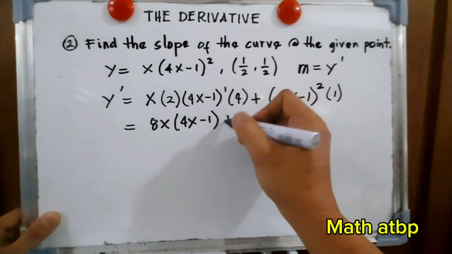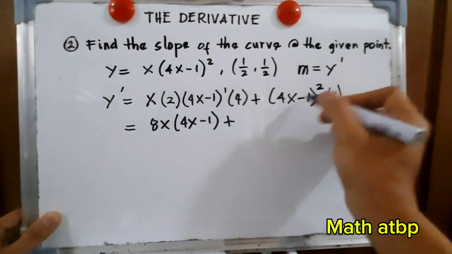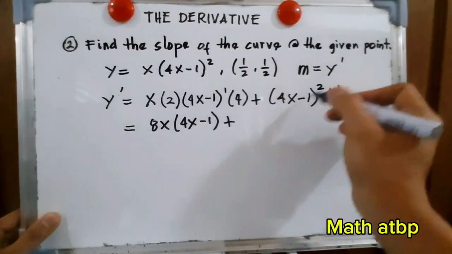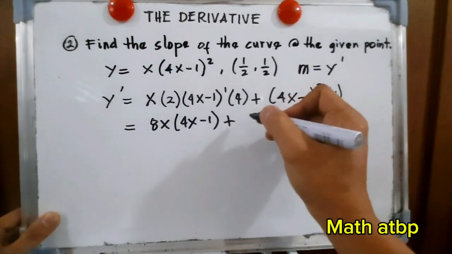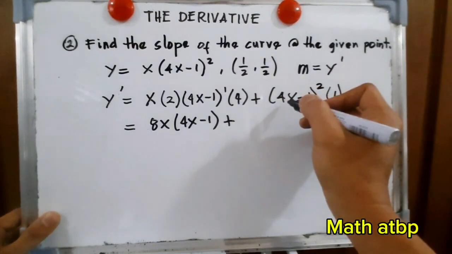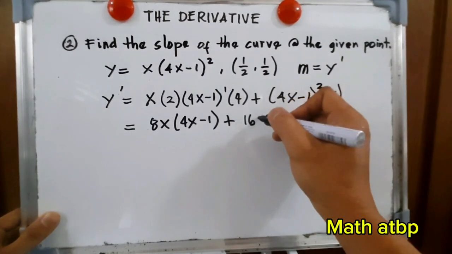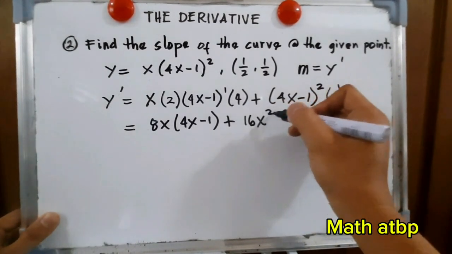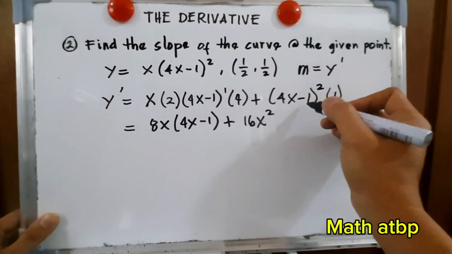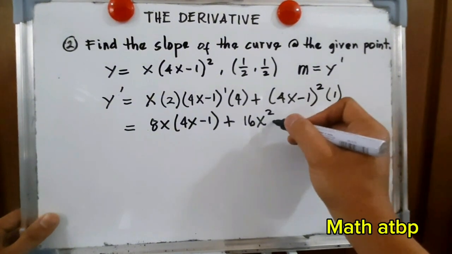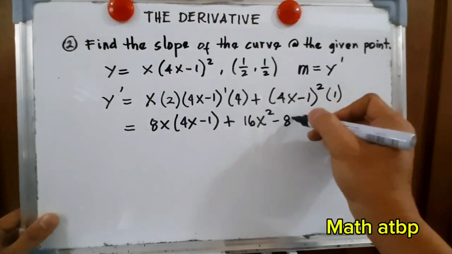Plus, if you're going to expand 4x minus 1 closed quantity squared, that will become 4x times 4x is 16x squared. 4x times negative 1 is negative 4x, times 2 is negative 8x.